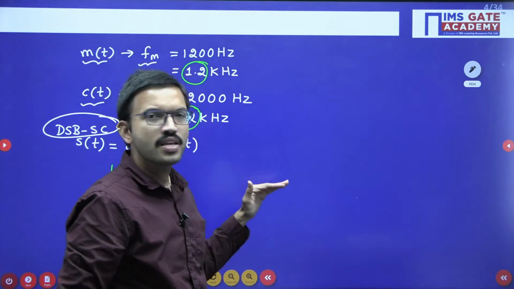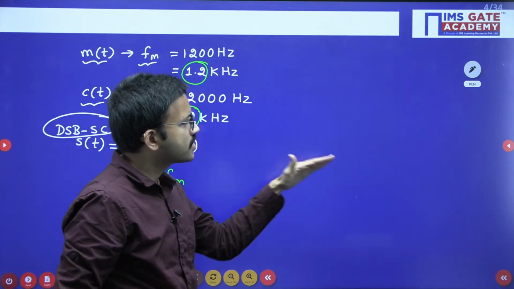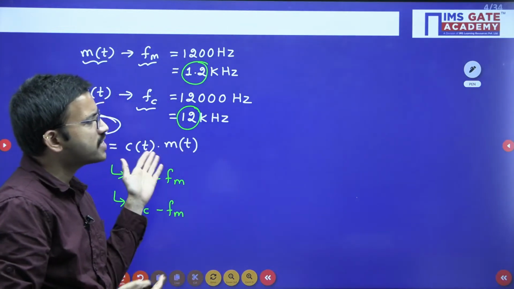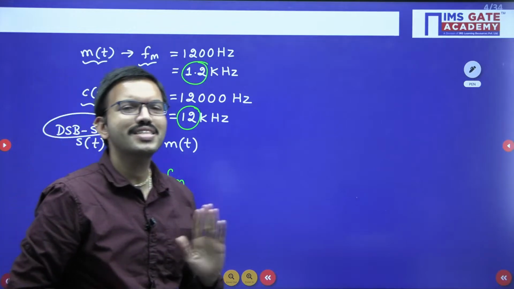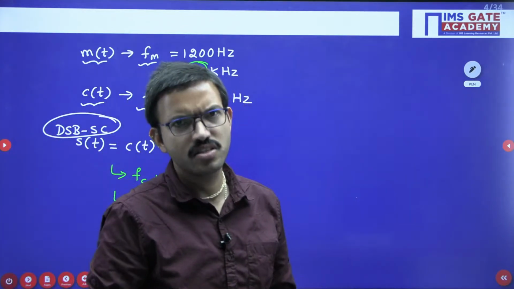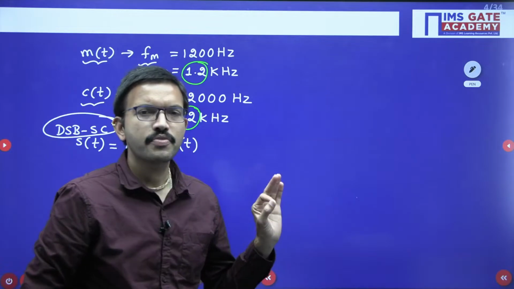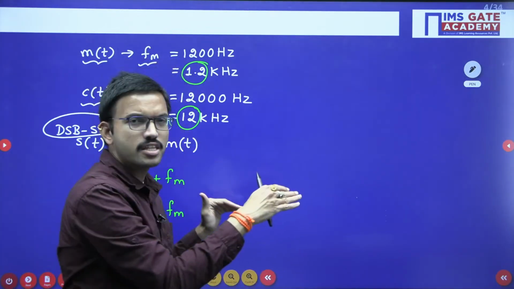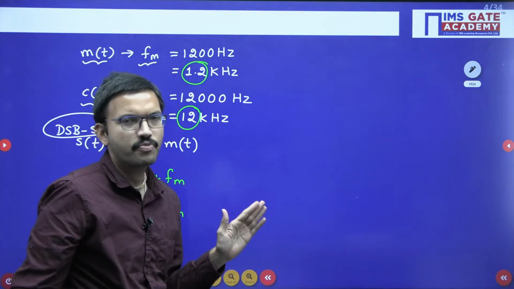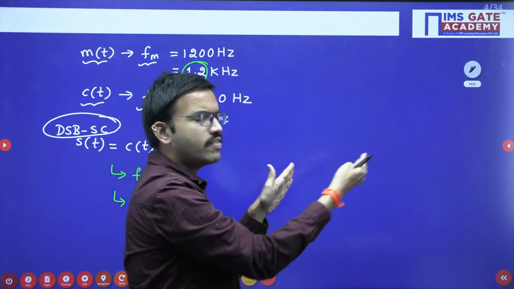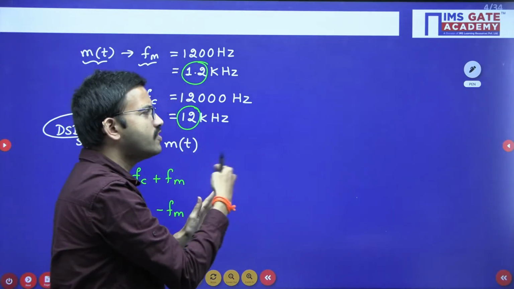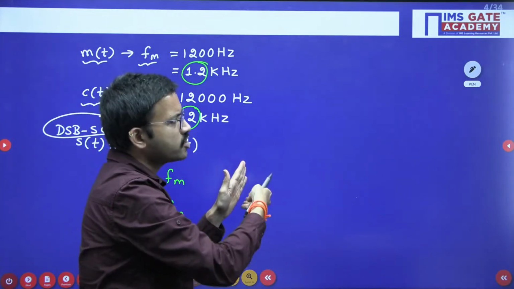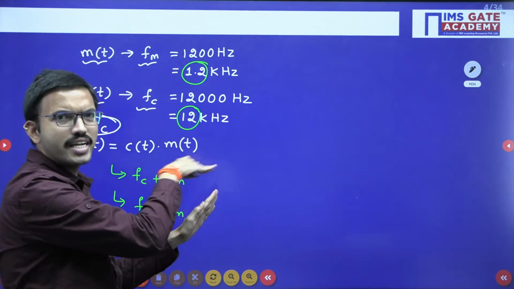But whenever we are drawing the spectrum in the frequency domain, just for symmetrical purpose, we represent the negative frequency side, but theoretically negative frequency never exists. Practically negative frequency never exists. Only for graphical representation, we represent minus f, just like with a positive x-axis you also have a negative x-axis, only for symmetry. Whatever diagram you get on the positive frequency side, a similar diagram you get on the negative frequency side.